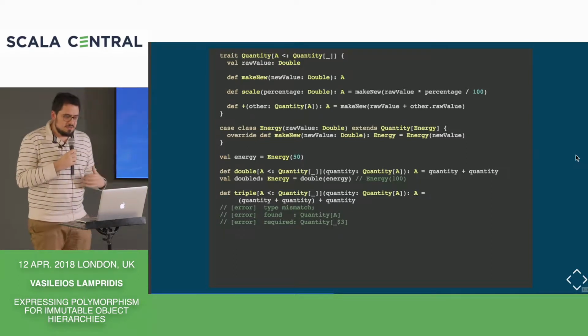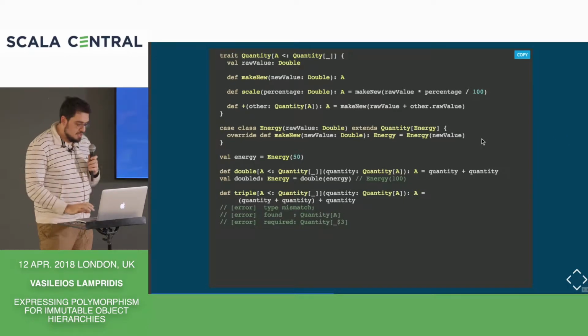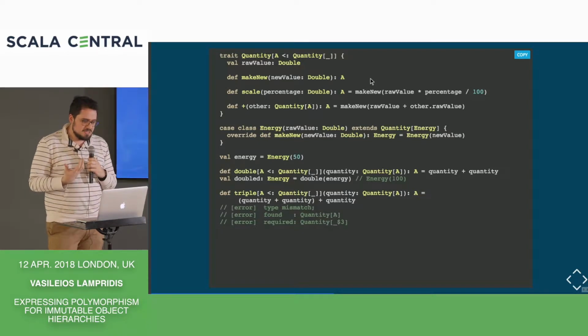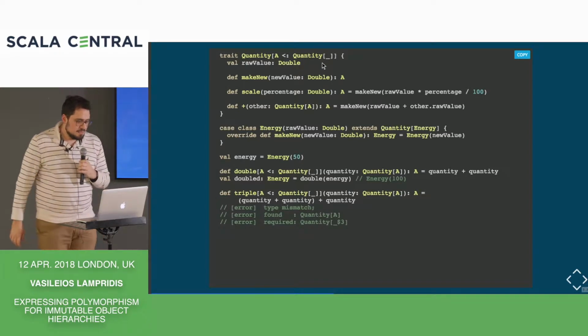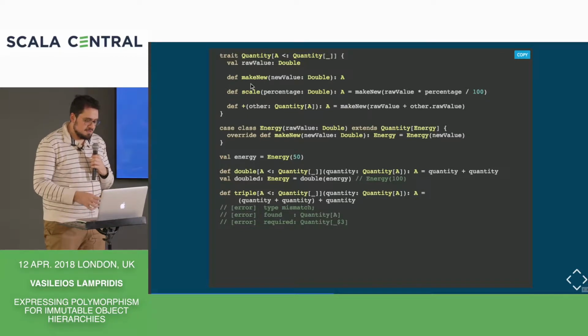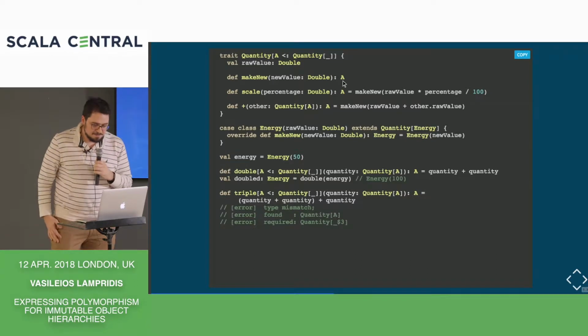So the first attempt you'd say is, okay, let's have a type parameter on what we would like to be the abstract trait for all our quantities. And we say it's just an A that is constrained to be a quantity. And because it's immutable, we just need some method to create new instances that return that concrete subtype.